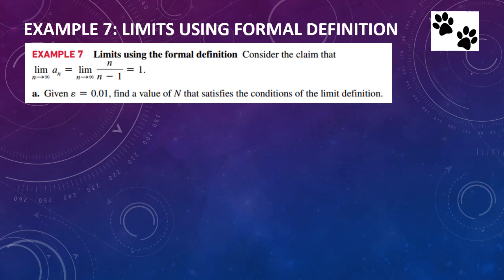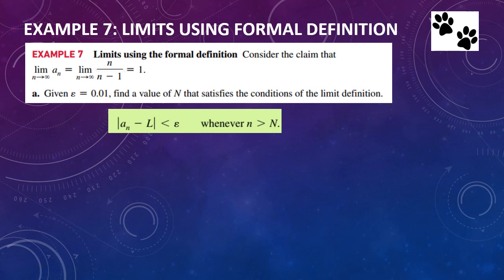What you want to remember is this tolerance formula from the formal definition, that a sub n minus L has to be less than epsilon whenever n, lowercase n, is greater than uppercase N. If you remember this formula that's in green here, then you try to plug the values in and then solve for it. Notice what we're trying to do is find a value of n that satisfies this formula.